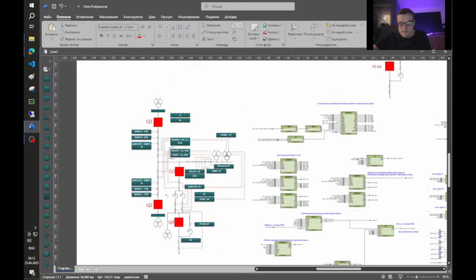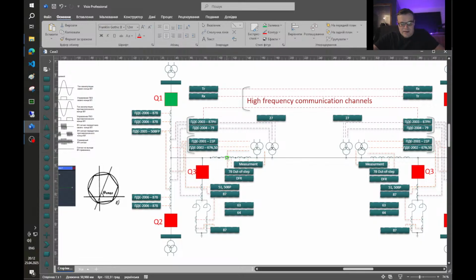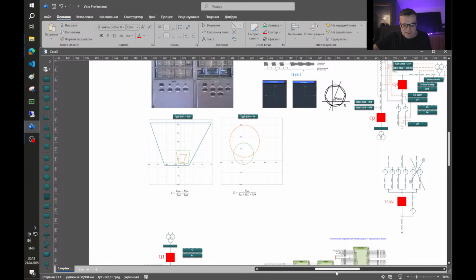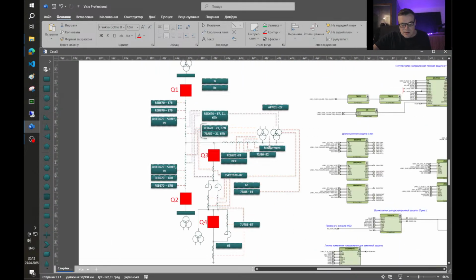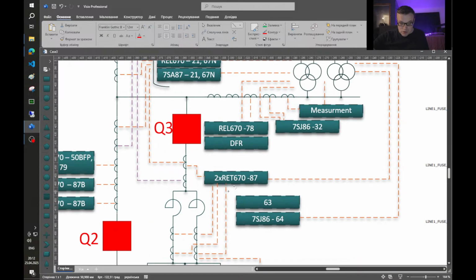But the functions are like this old Soviet philosophy, just copied and a little bit developed, but the principles are pretty much the same. So on the shunt reactor we have in this case two differential protections, two IEDs.